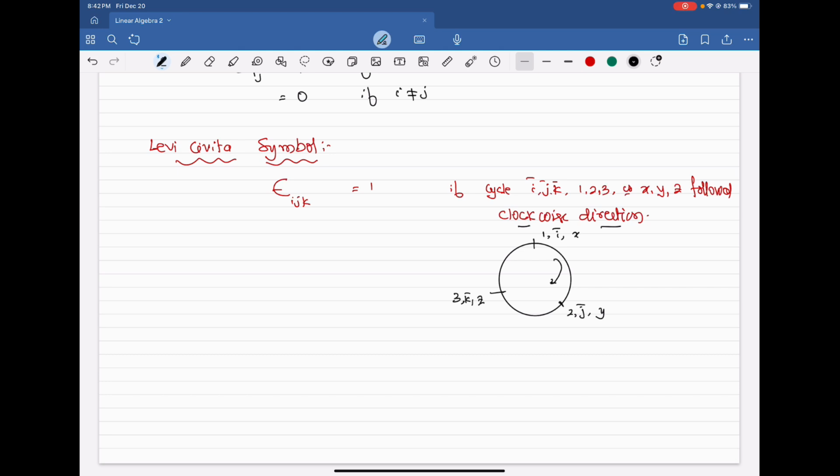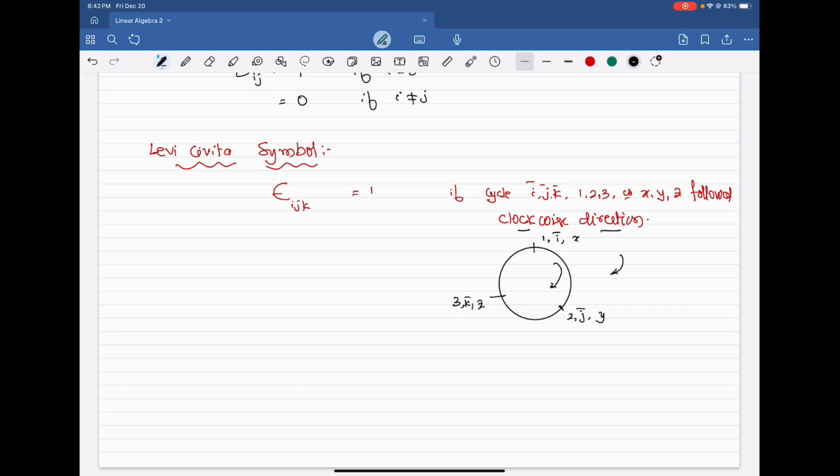Ijk is this ijk. If it is in the anti-clockwise direction, like ikj, now this will be epsilon ijk is equal to minus 1 if the cycle is anti-clockwise.